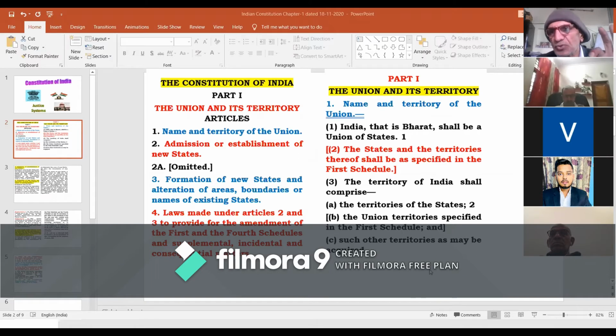So the Constitution of India, at the outset, in the very first clause of the very first article, makes it specific and clear that we have continuity with the ancient times.